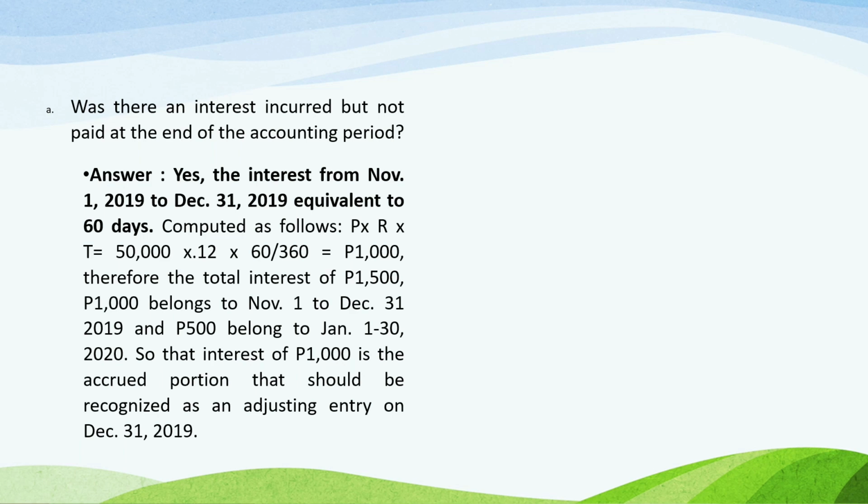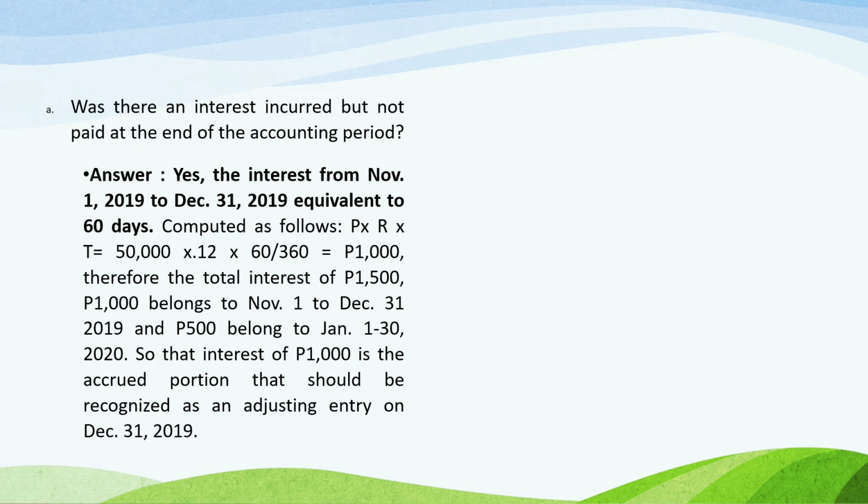Or it can be 1,500 times 2 divided by 3 months, which is equal to 1,000. So the 1,000 from November 1 to December 31 is incurred but not yet paid.